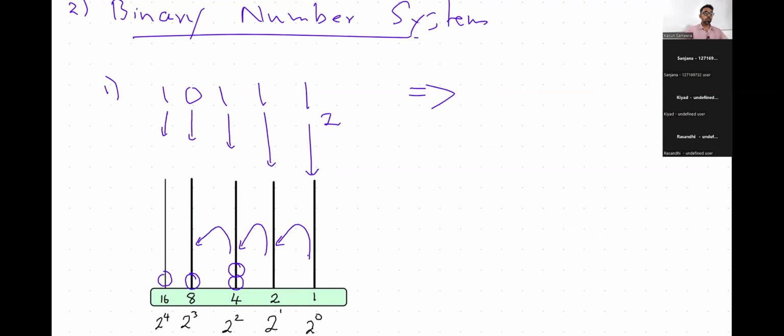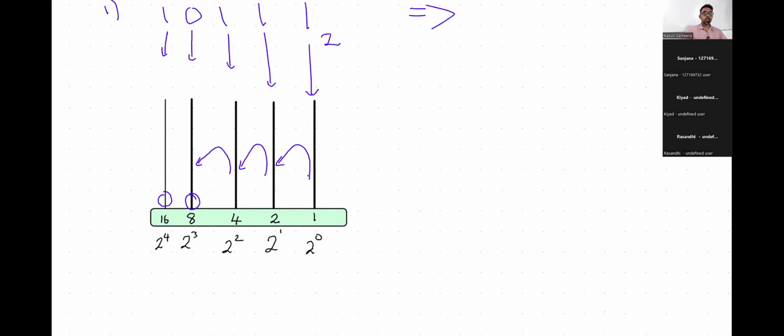Then you can remove these two. Can we represent this number? Yes, which is okay. Then what is the final number you got here? How are you going to represent this number in the counting frame as a binary number? 1, 1, 2 zeros, 2 circles are there. Other 3 zeros, nothing.